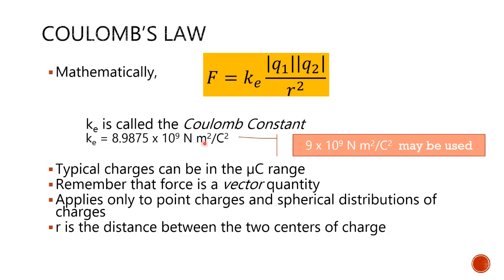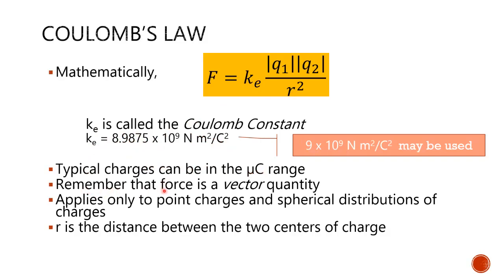Its unit is newton meter squared per coulomb squared. Some references use 9 times 10 raised to the power of 9 instead of this more accurate value. Typical charges can be in the microcoulomb range.